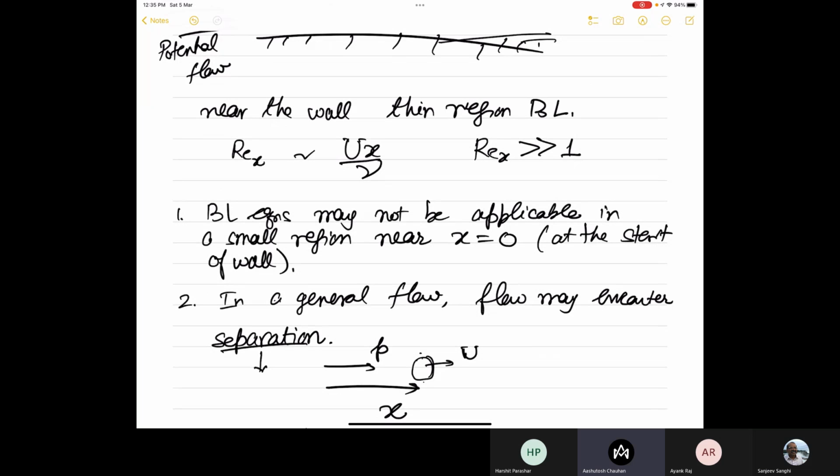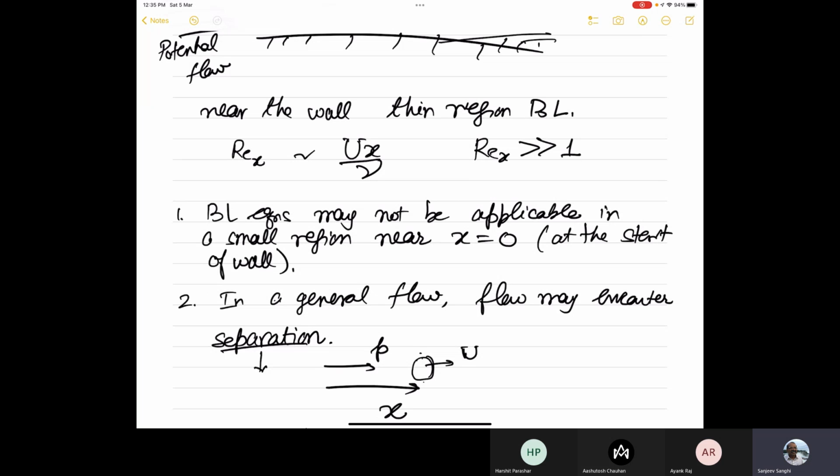But at the start of the boundary layer, we said the Reynolds number near x equals 0 is very high, then we apply the boundary layer equation. See, the Reynolds number we talked of there was the general flow Reynolds number, UL upon nu.